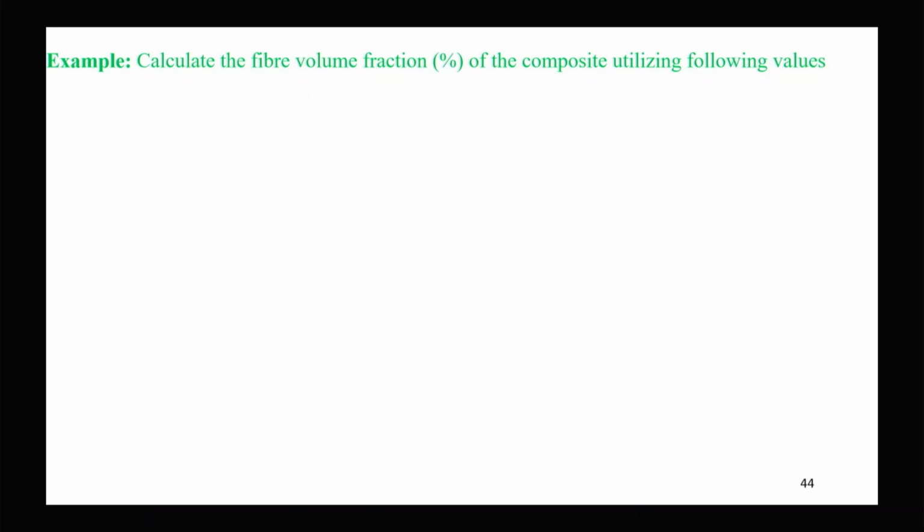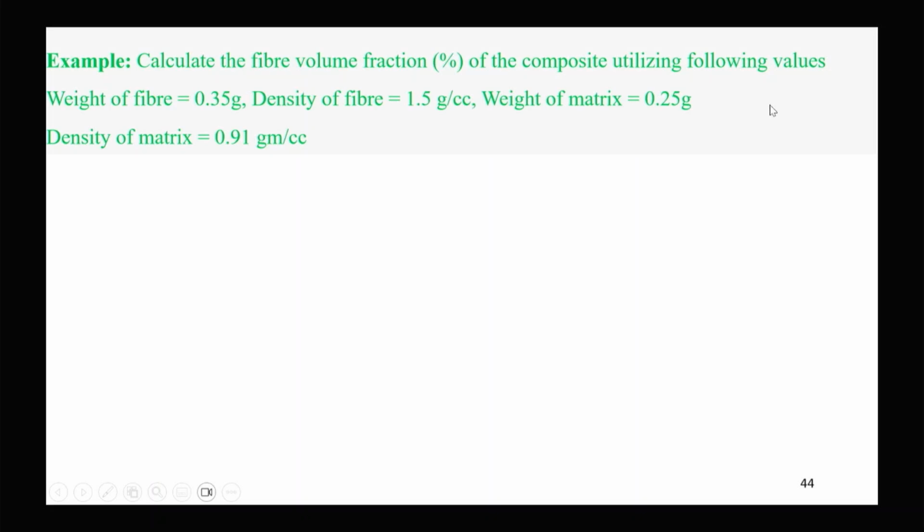Calculate the fiber volume fraction of the composite utilizing the following values. So these are the values. Weight of fiber 0.35 gram. Density of fiber is 1.5 gram per cc.